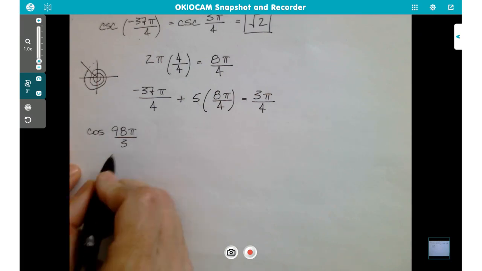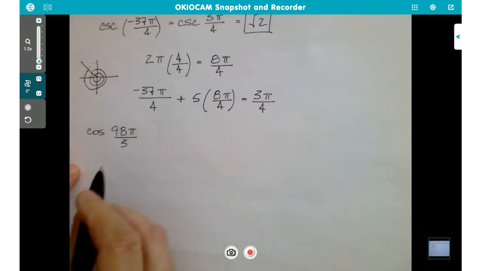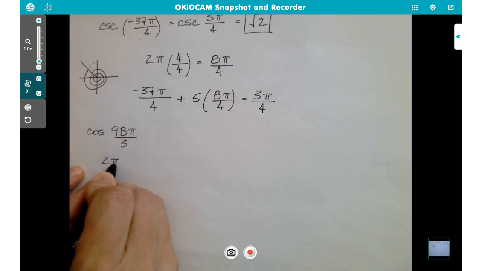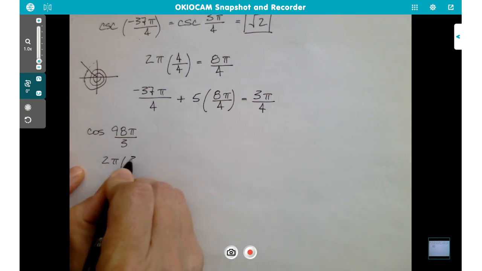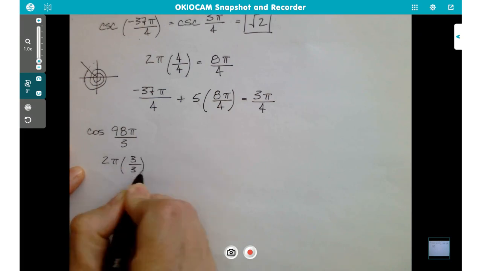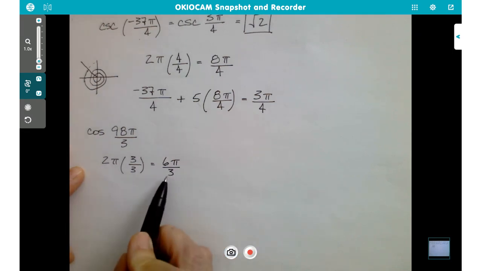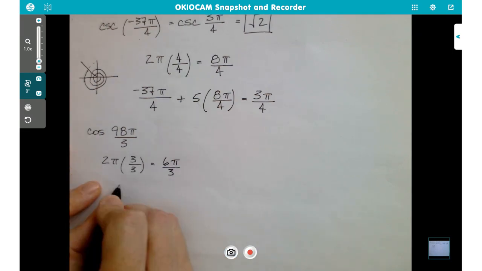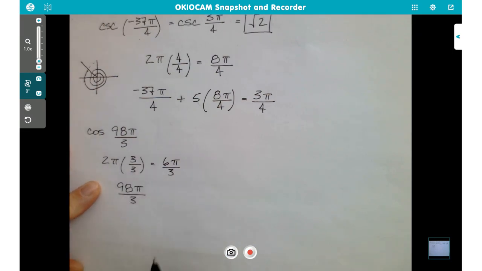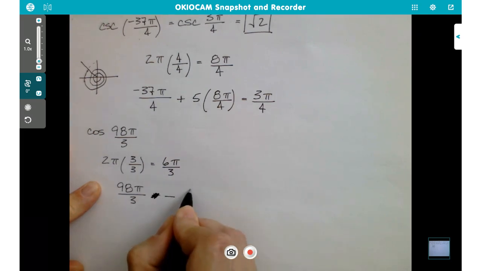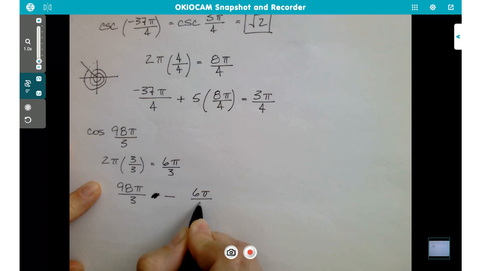So I'm going to add and subtract multiples of 2 pi to 98 pi over 3. In order to do that, I need to know what 2 pi is with a denominator of 3. 2 pi is the same as 6 pi over 3. So I'm going to take my original angle, 98 pi over 3, and I'm going to subtract 6 pi over 3 until I get something that's between 0 and 2 pi.